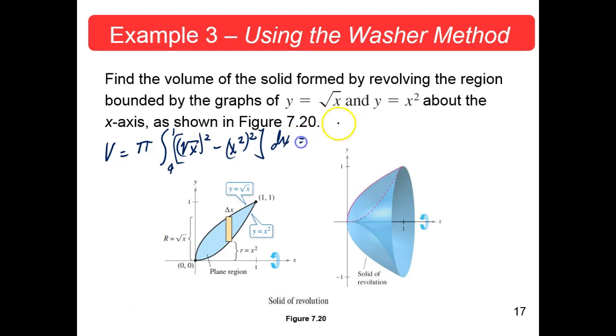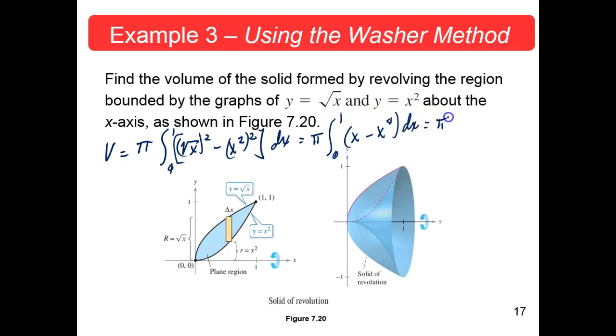Let's simplify that a little bit. What would that be? Pi times the integral from 0 to 1 of x minus x to the 4th dx.